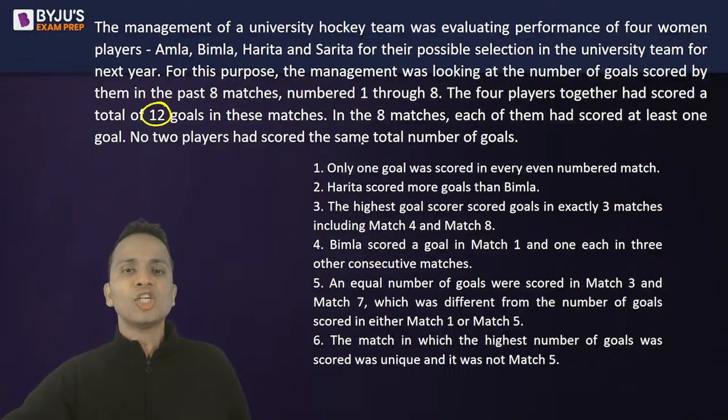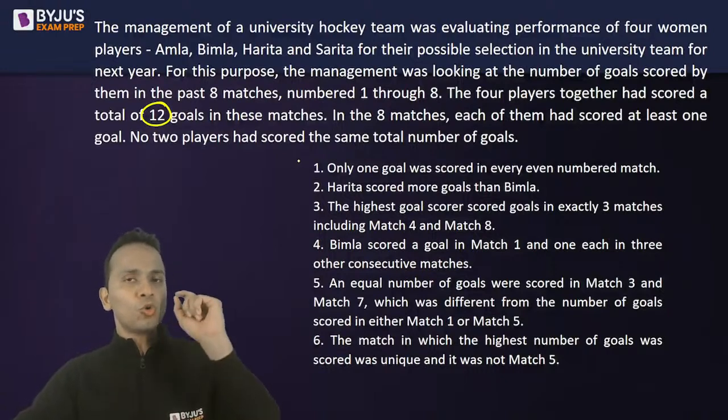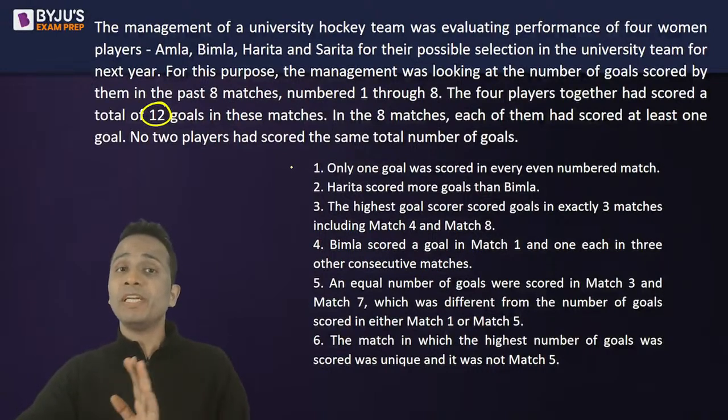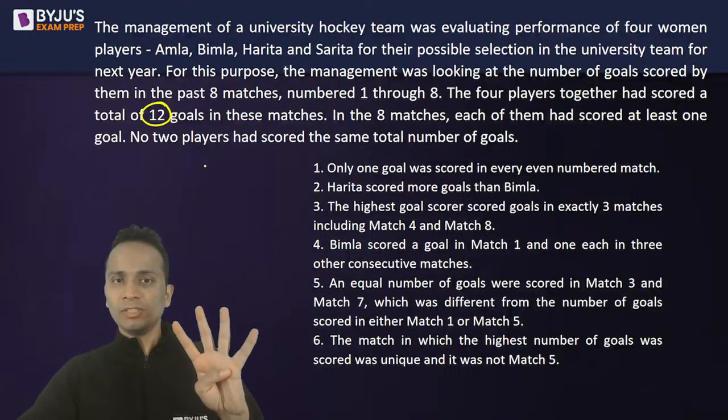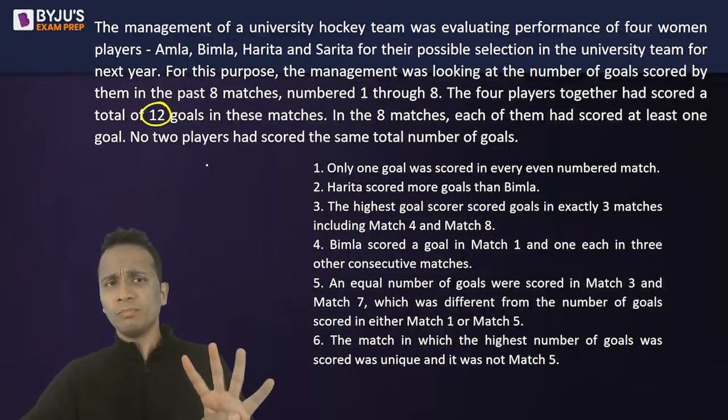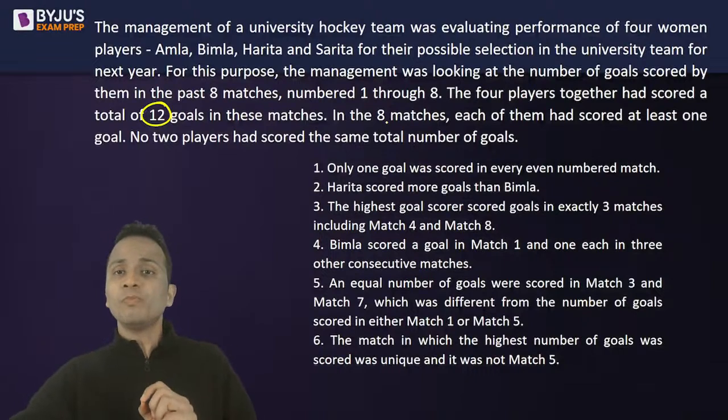No two players had scored the same total number of goals. So, the total number of goals scored by each of these four players should be different, such that the sum should be 12. So, I need four numbers. None of them should be zero because each of them has scored at least one goal in the eight matches.